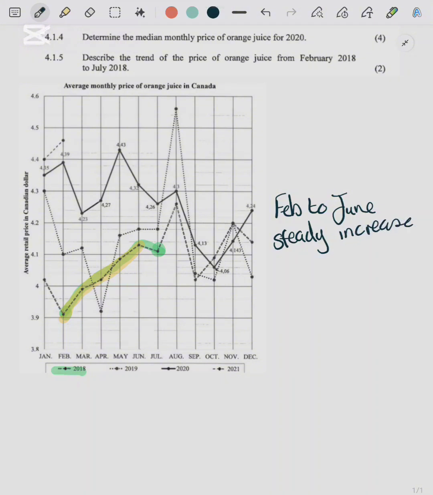Alright, that's the first part of your answer. Then if we look, we can see from June to July over there, it is now decreasing. So that's going to be the second part of our answer. And we say from June to July, there is a decrease.